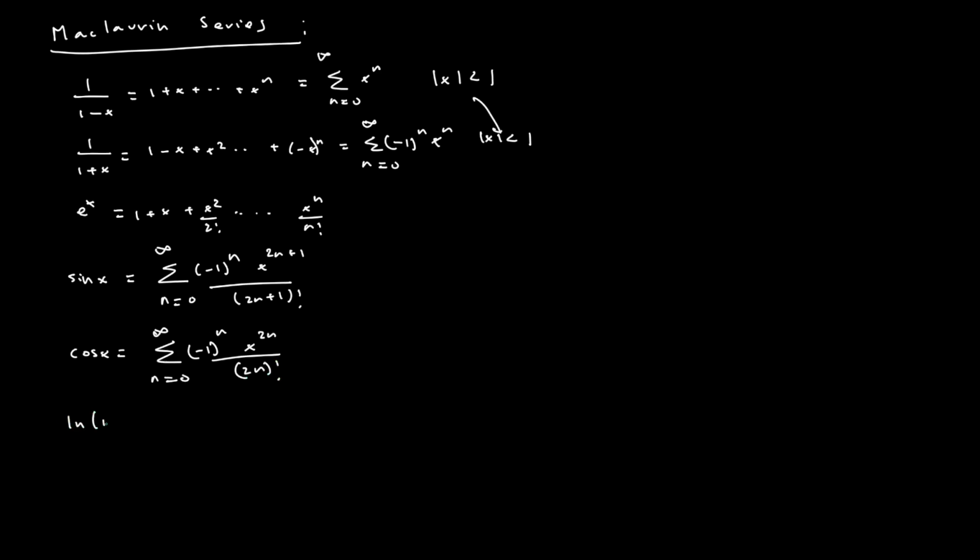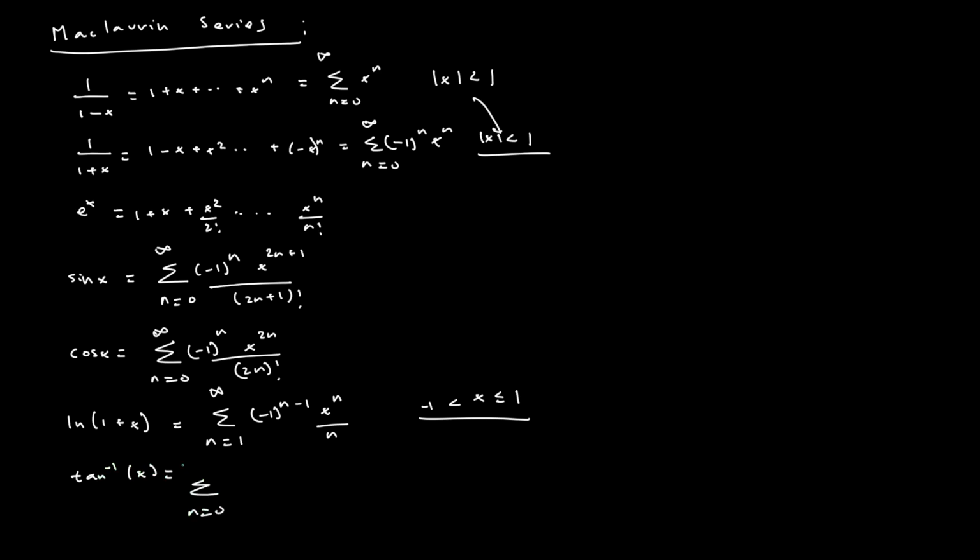Natural log of 1 plus x is equal to the sum from n equals 1 to infinity of negative 1 to the n minus 1 times x to the n divided by n, and this converges when the absolute value of x is less than or equal to 1. So this also has a particular range where it converges. And finally, tan inverse of x is equal to the sum from n equals 0 to infinity of negative 1 to the n times x to the 2n plus 1 divided by 2n plus 1.